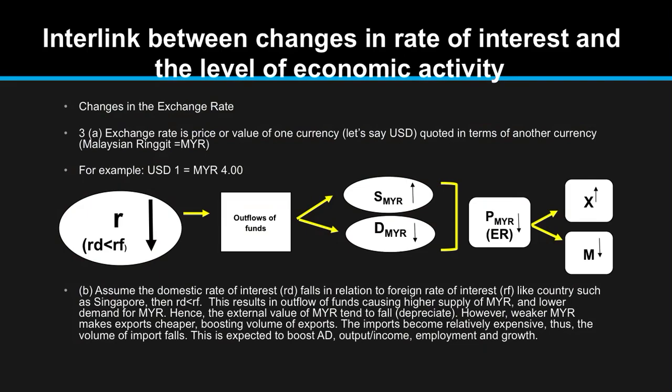assume the domestic rate of interest. We must know there are two important components here, RD and RF. RD means domestic rate of interest, RF means foreign rate of interest.